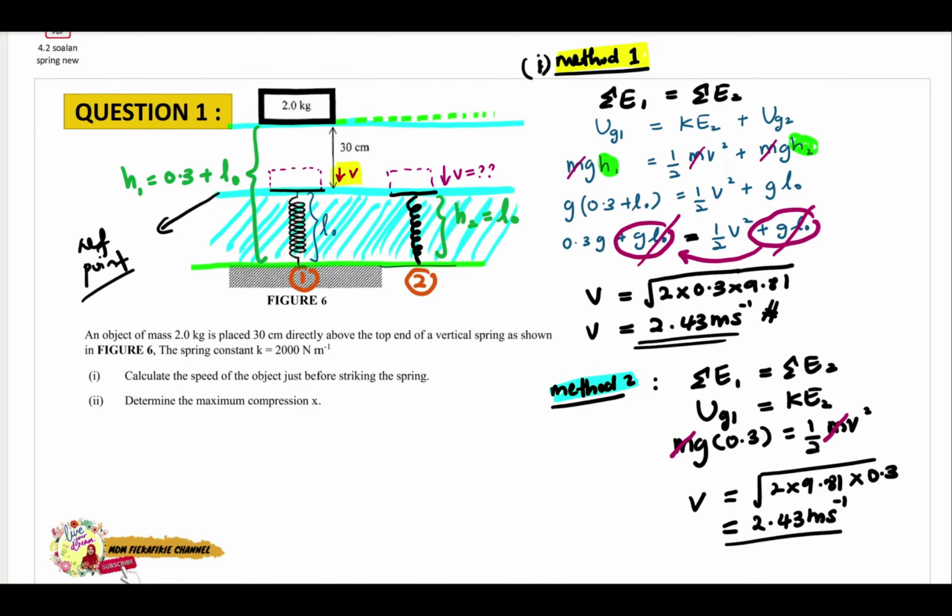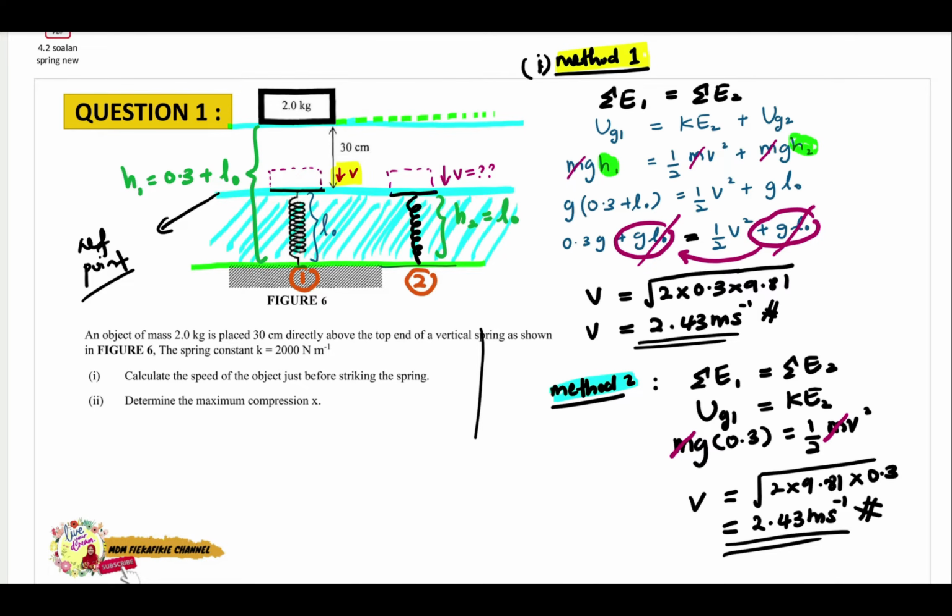Okay, so the concept is the same. Only for the second method, you have to look carefully. You just draw a line where it ends. So here, right. So we can cancel. Okay, understood? Alright, so now let's proceed to the second part. We want to determine the maximum compression.